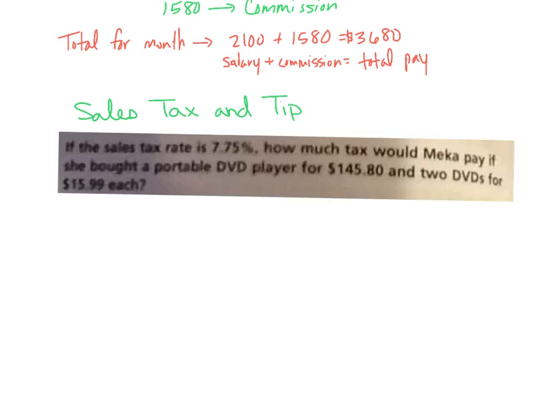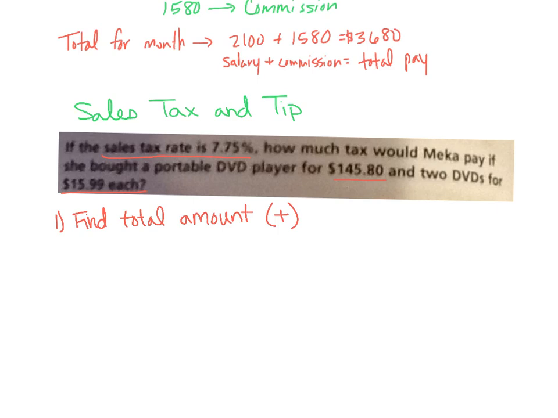So the sales tax rate is 7.75%. How much would Mika pay on tax if she bought a portable DVD player for $145.80 and 2 DVDs for $15.99 each? So number one, we need to find total amount, which means we're going to add.